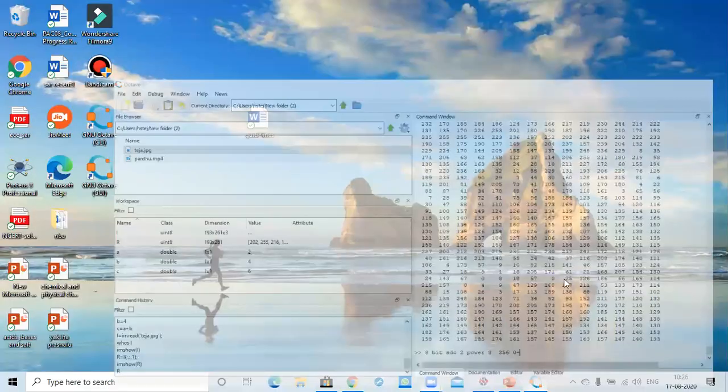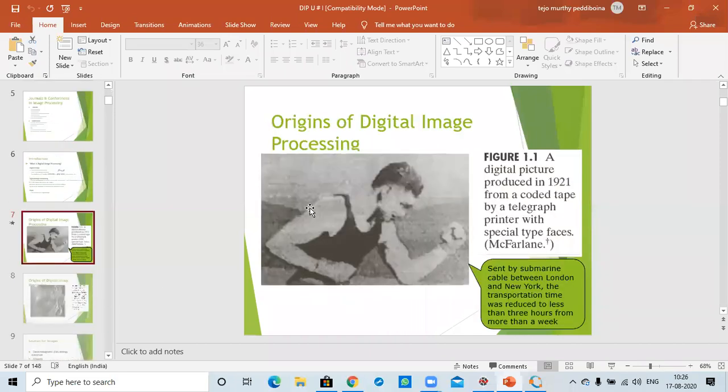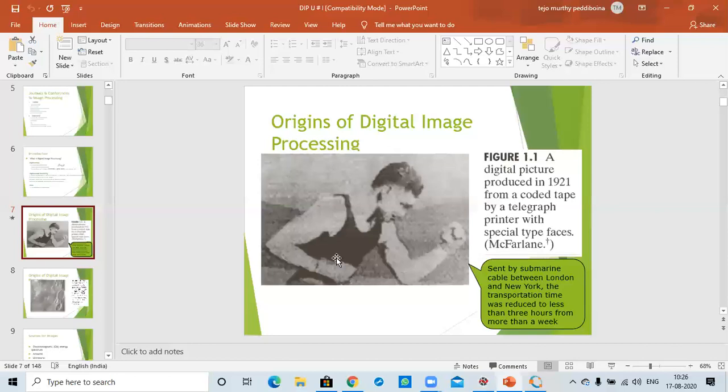And we have so many applications for our digital image processing. You see, pixel is a small element of your digital image, and you see here, this is the earlier image used. So you can observe there are certain dots present in this one, because the resolution is very, very less.